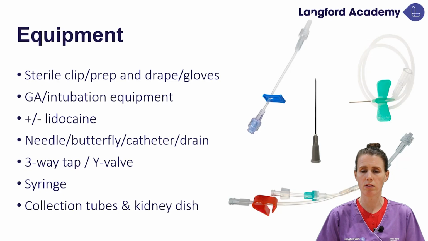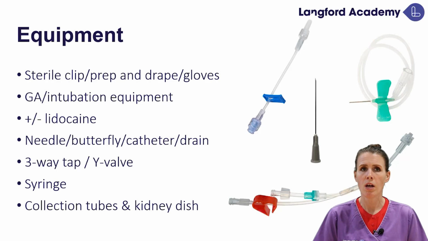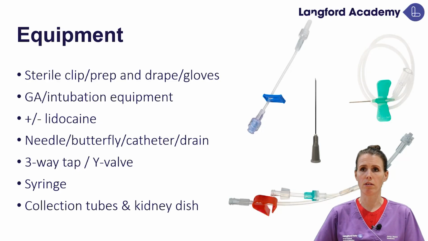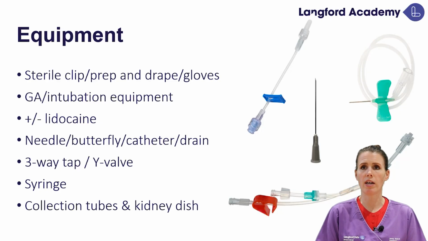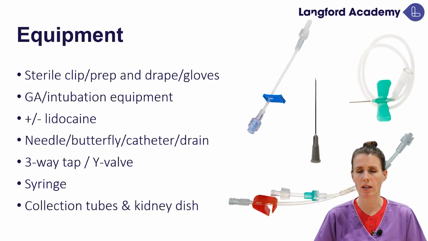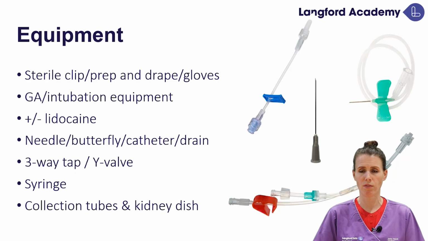So the syringe goes on the end with the red clamp on, because we can aspirate on the syringe. Fluid will come out of the patient's chest up into the syringe, and then we can expel the syringe, and because of the valves in the system, the fluid will come out the piece of tubing adjacent to the red clip. So this is really simple and effective, and a much easier process than using a 3-way tap.